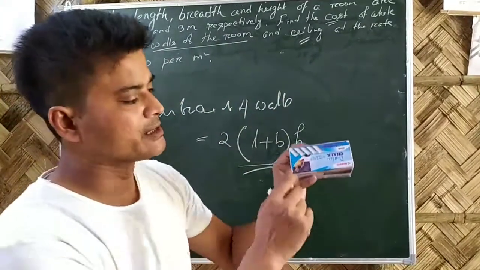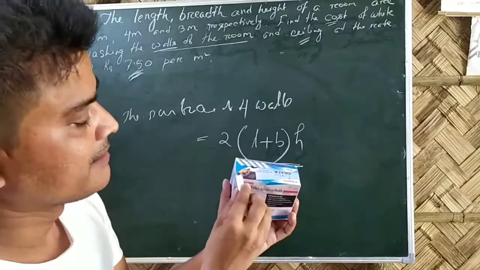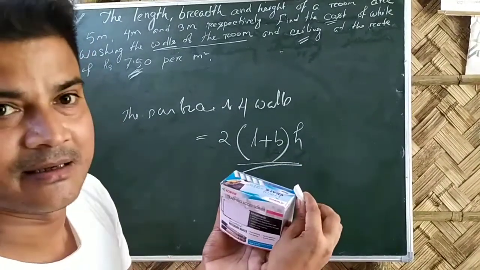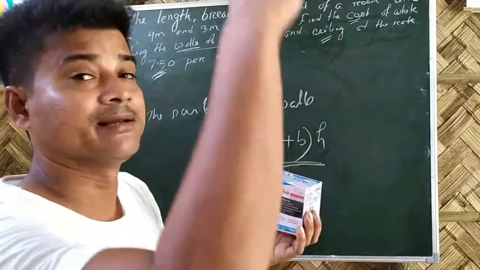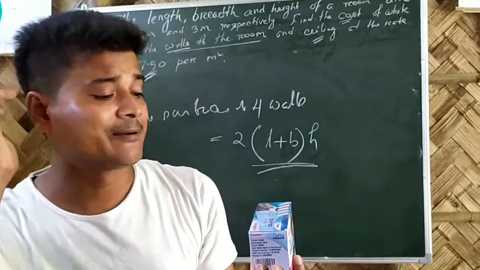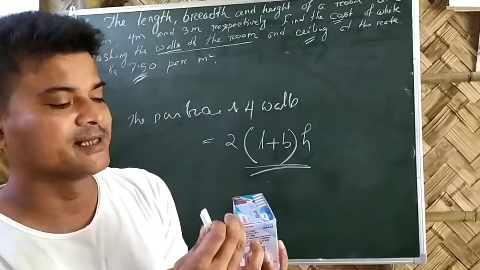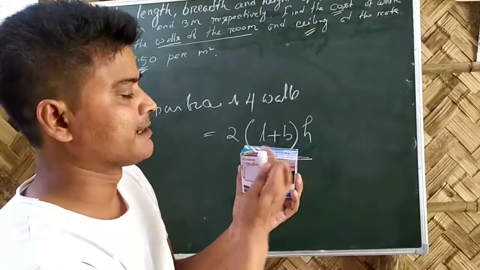And if we assume that this is a ceiling, then we will find that here the length and breadth are there. The floor and the ceiling are generally similar in structure. That's why the area of the ceiling will be similar to the area of the floor. That means length and breadth will be there.